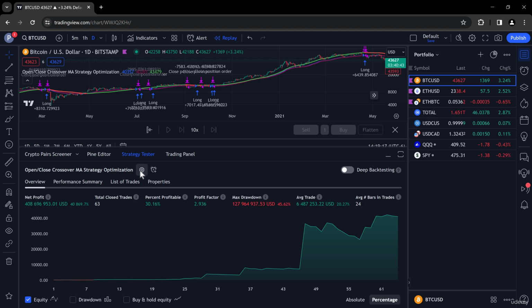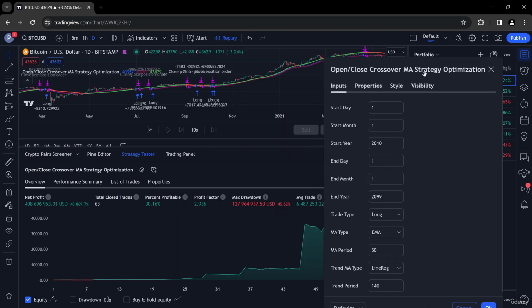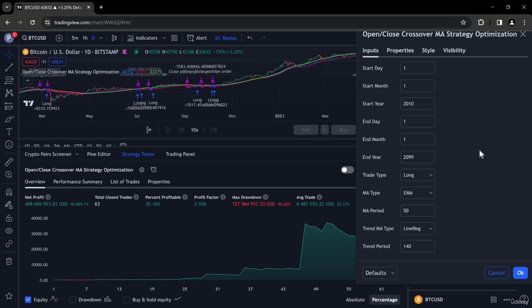In order to do that, we click on the parameters button of this strategy, and now we can see that the strategy has many parameters. Specifically of interest to optimize, we have trade type and MA type.